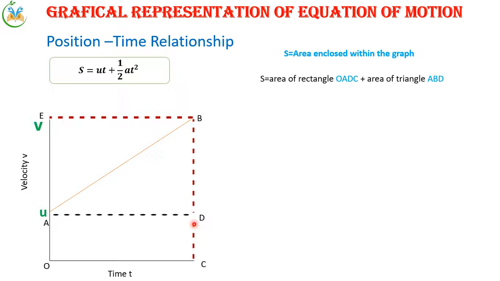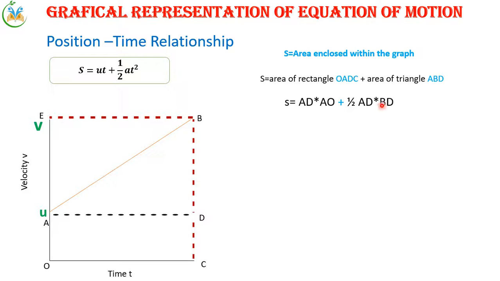So what is the area of the rectangle OADC? It is AD times AO, or you can take AD times DC, anything, because this is a rectangle and opposite sides are the same. So this is the area of the rectangle.